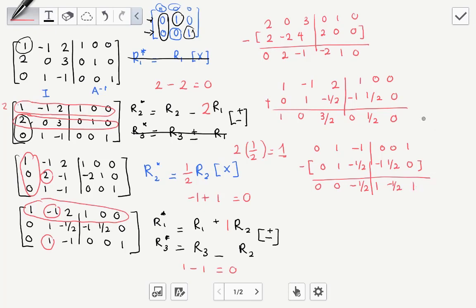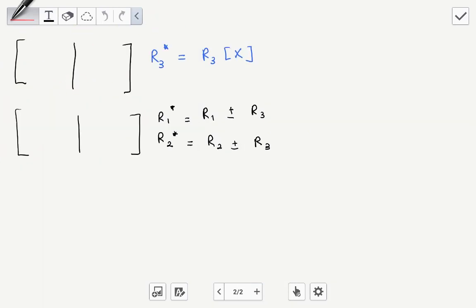Okay, so this is your new R1 and R3. So there's no changes in R2. See, we're going to copy R2 as it is. Okay, so remember, our new R1 is 1, 0, 3 over 2, 0, 1 over 2, 0. So we're going to copy this in our template.